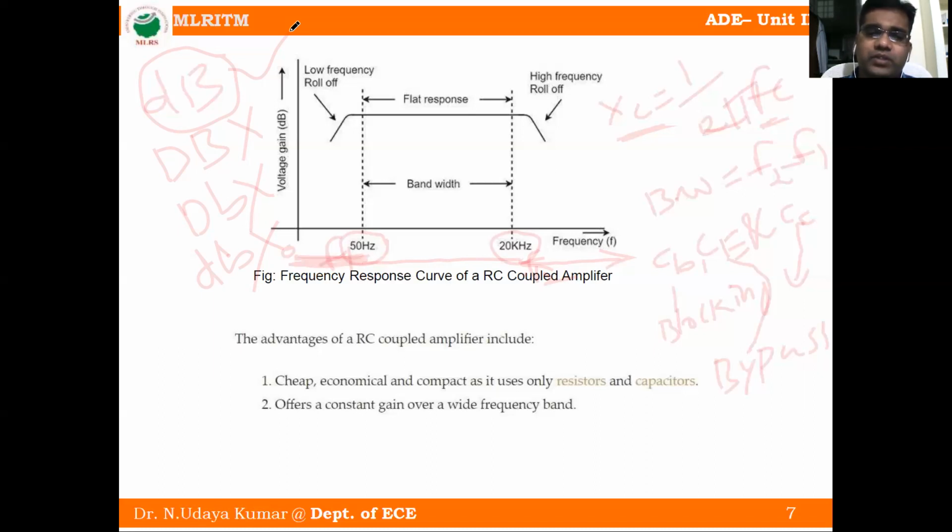Based on capacitors and resistors, we make the RC coupled circuit. So it is very cheap economically. It offers a constant gain over a wide frequency band, from 50 Hz to 20 kilohertz.